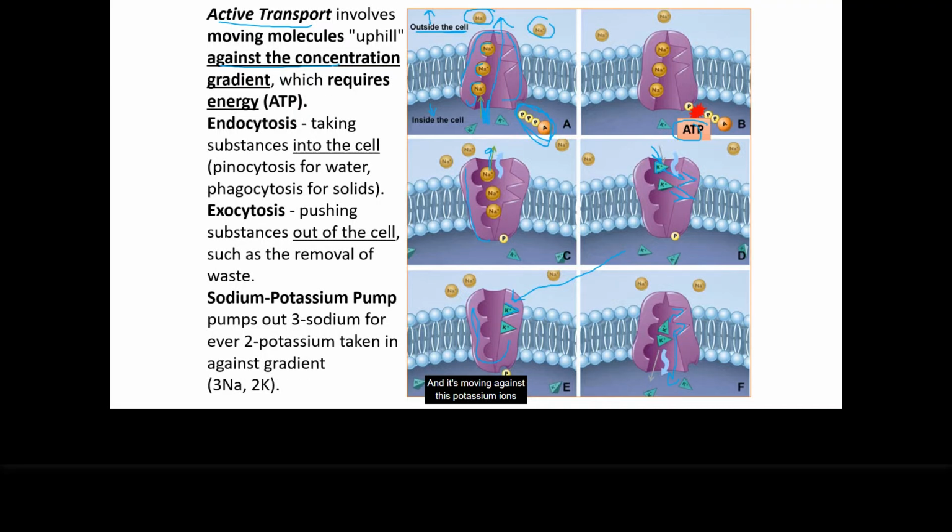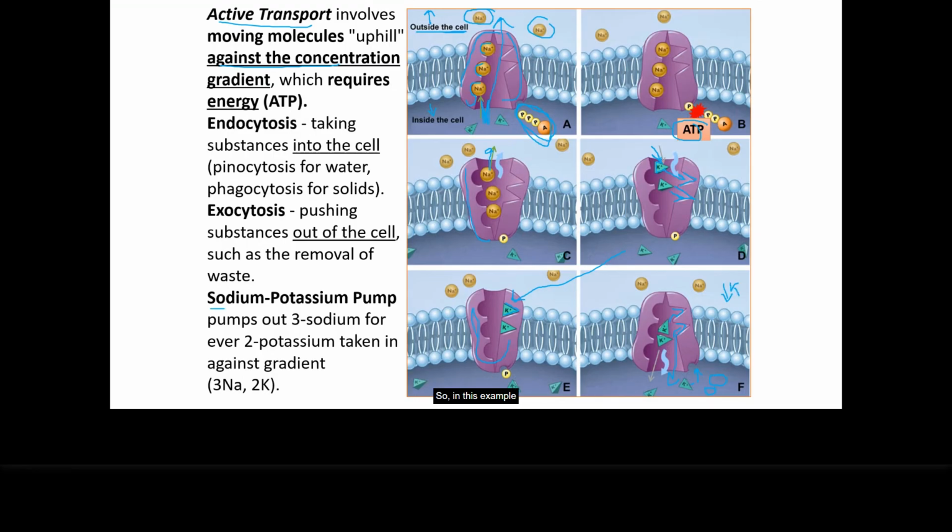It's moving potassium ions against the concentration gradient. We already have a lot of potassium inside of the cell, a high concentration, but this transmembrane protein moves even more in, and outside of the cell we have a lower concentration of potassium.